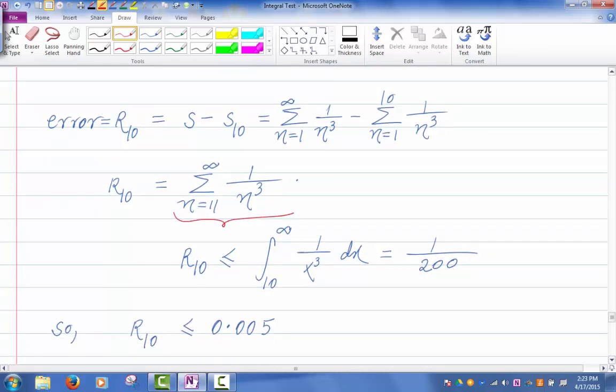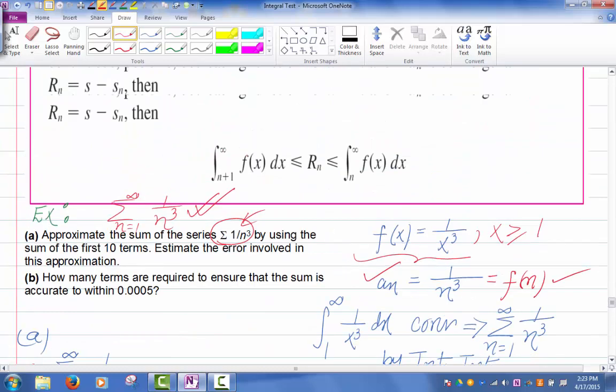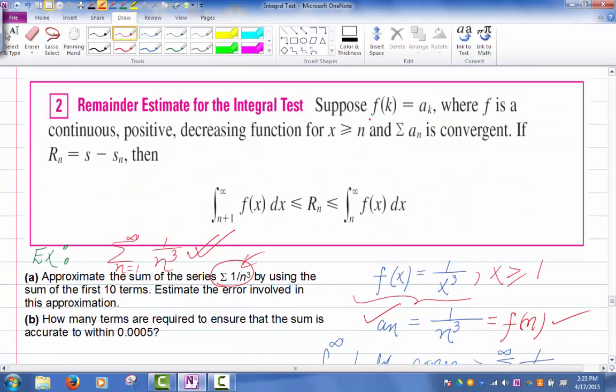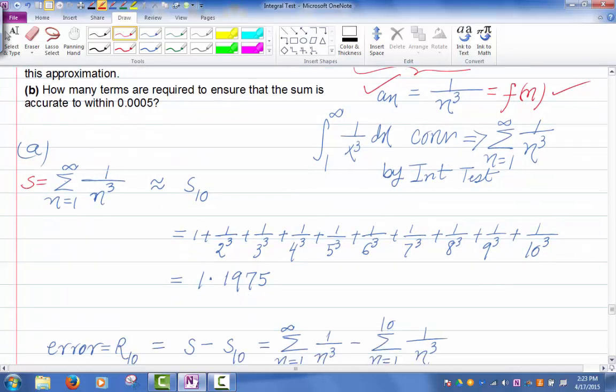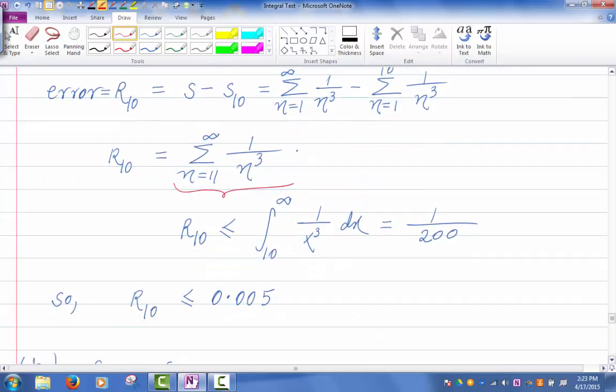Well, how big is that error? Well, we know that R10 has to be what? Let me go back to the formula here. We know that Rn has to be less than the integral from n to infinity of f. So I could say that R10 is less than the integral from 10 to infinity of 1 over x cubed dx.